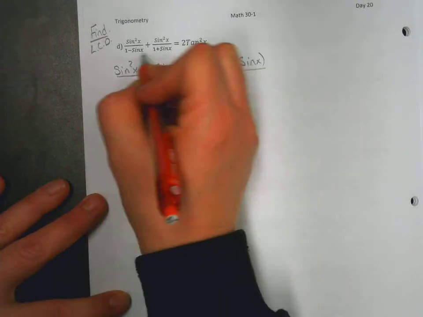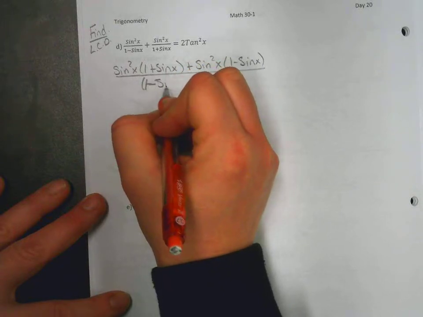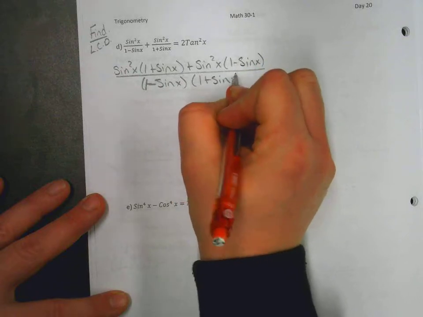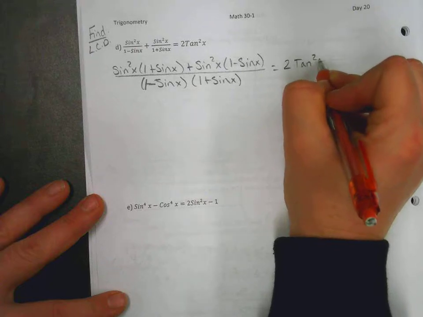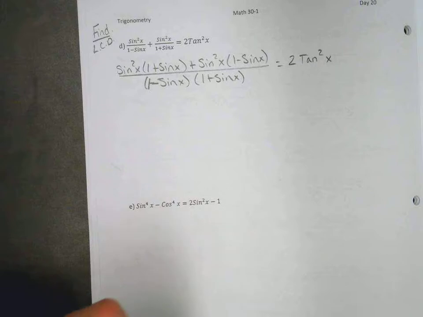And then that's all going to be over the same denominator of 1 minus sine of x times 1 plus sine of x. And then we have this expression on the right hand side.